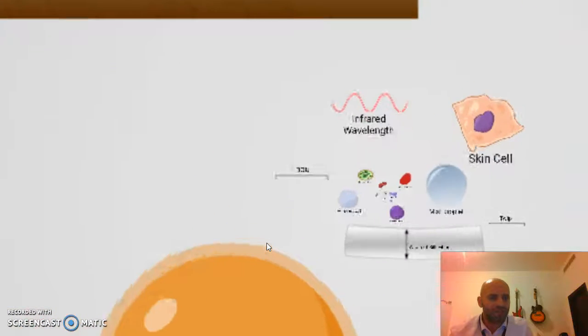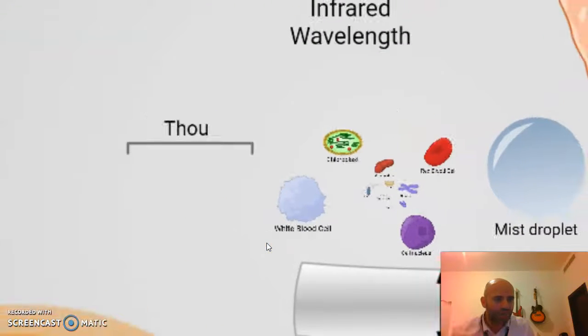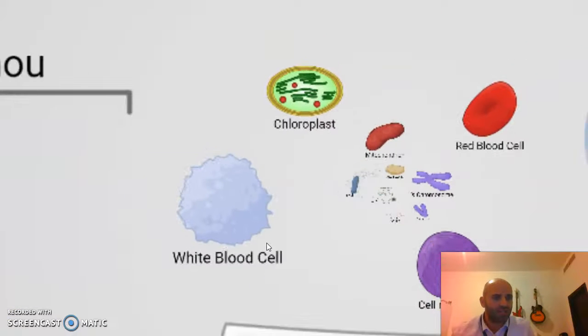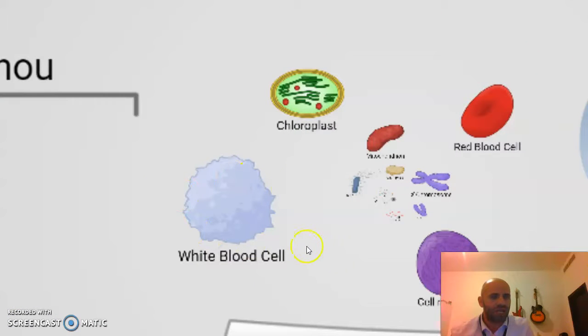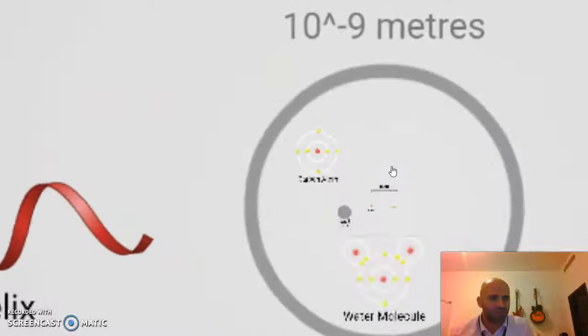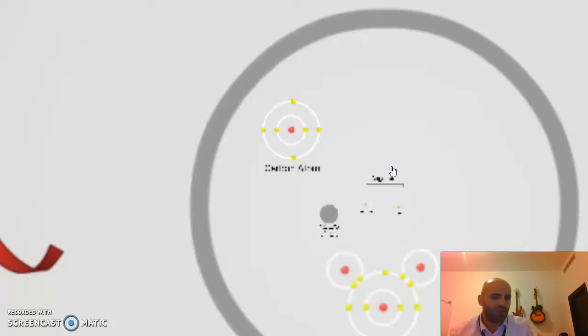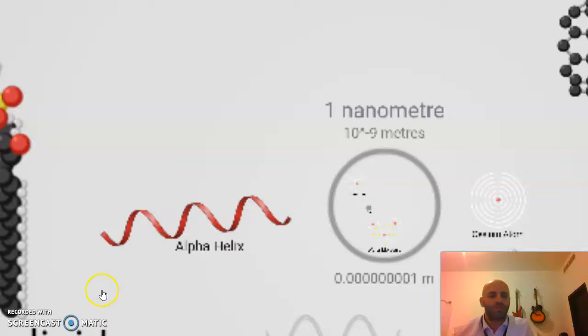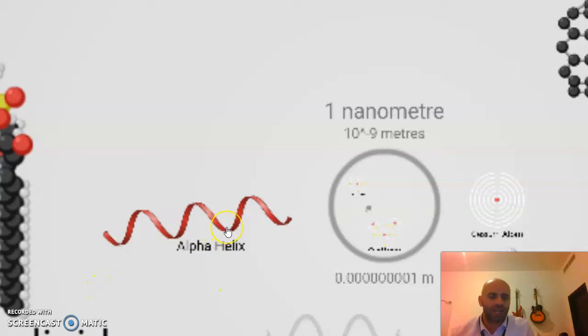So if you can see, as I reverse back out, red blood cell being one of the smallest cells in the human body, that is hundreds of times bigger, thousands of times bigger than the size of what we're talking about here at an atomic level. Okay, and please do bear in mind the model of the atom has changed down through the years, but we'll come to all that another time.